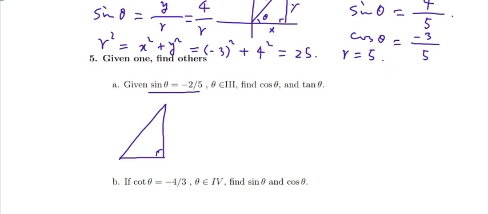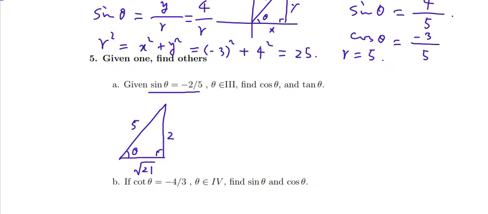Suppose this angle is theta, and for this angle theta, we know sine is 2/5. So forget the negative, okay. So this sine is 2/5. Then we can easily find this side. This side should be radical 21. That is radical 21, right? 25 minus 4, yeah.